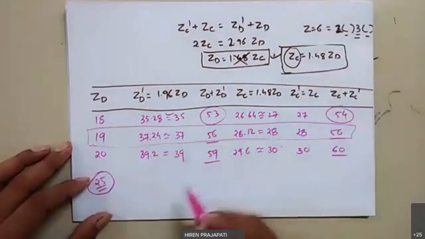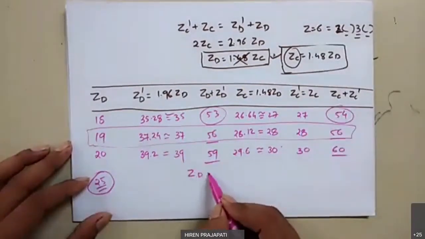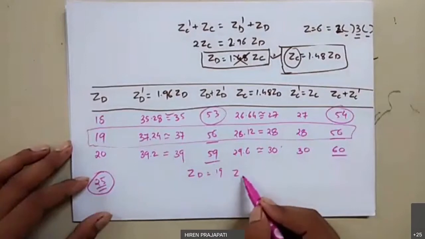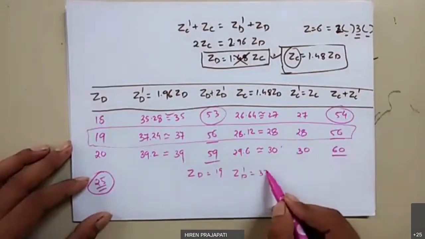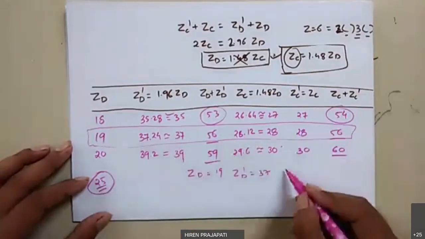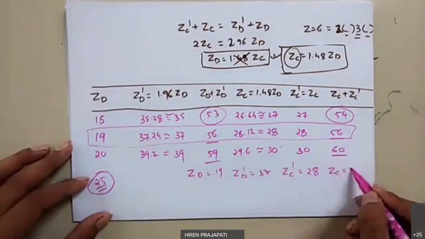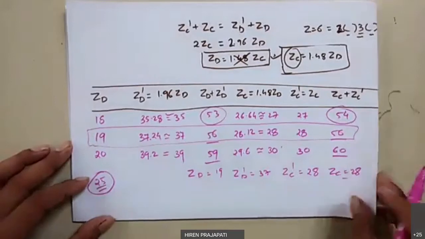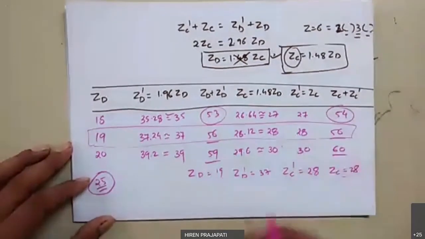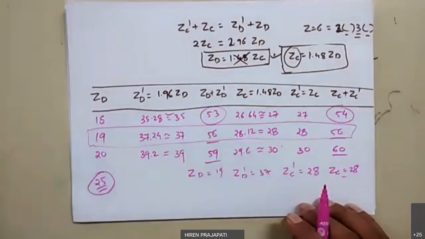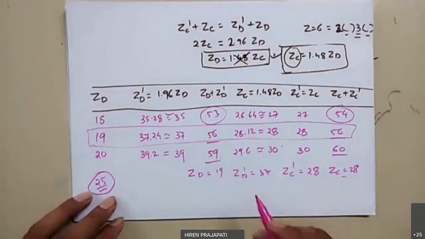So now if we summarize, ZD is 19, ZD dash is 37 as per this row, ZC dash is 28, then ZC is also 28. So this is what we got, right? But if we do that, let us calculate what is the change in the gear ratio.